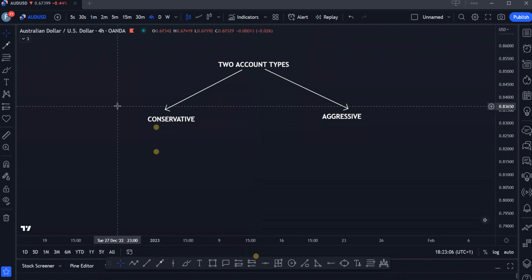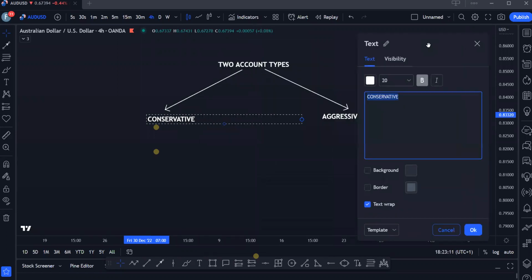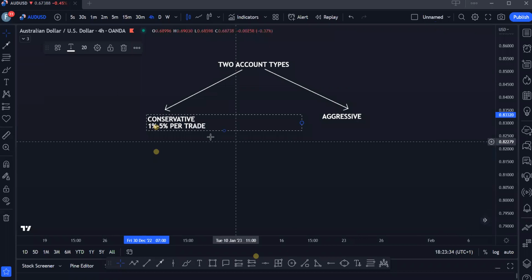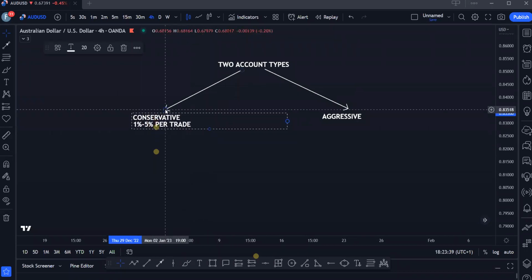But now, on an account that you want to be conservative on, your goal is to make anywhere from 5 to 20% in a month. Let's look at it from a monthly perspective. Now, my recommendation is that on this type of account, you want to be risking 1% to 5% per trade. That means your goal is to risk a maximum of 5% of your account per trade.